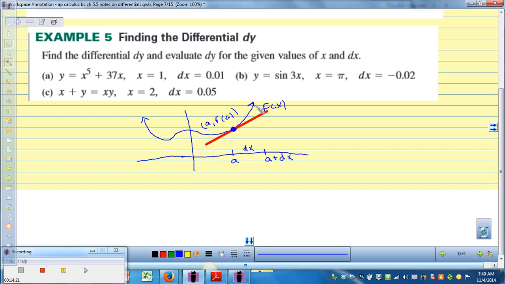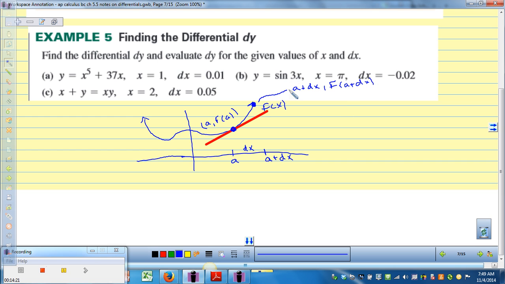And over on the function right here, I have a point. What would that point be on the actual function? A plus dx, comma, f of a plus dx.